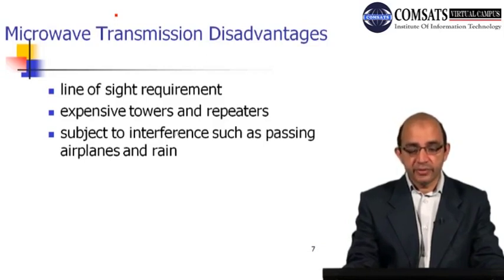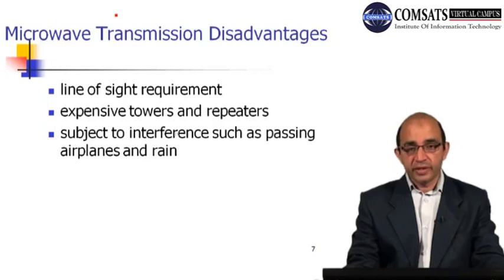Antennas have to be aligned, so this can be regarded as one of the disadvantages, because in order to build towers we have to spend resources, right? And if you need repeaters, then you can imagine that the cost will rise.